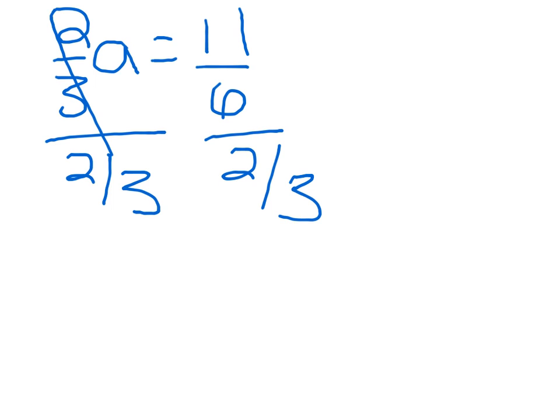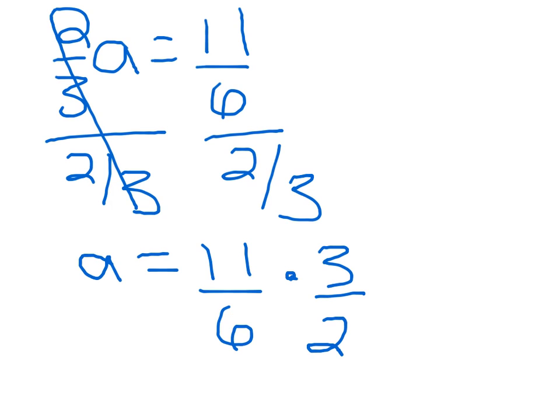Our 2/3 divides to 1, and we are left with A equals 11/6 divided by 2/3. This is the same as writing 11/6 times 3/2. When we divide by a fraction, we can multiply by the reciprocal. So, in this case, we see 11/6 multiplied by 3/2.